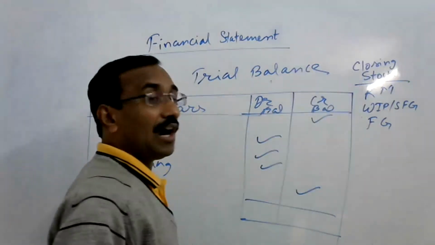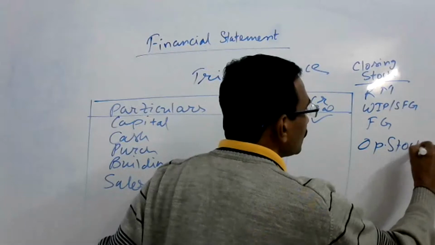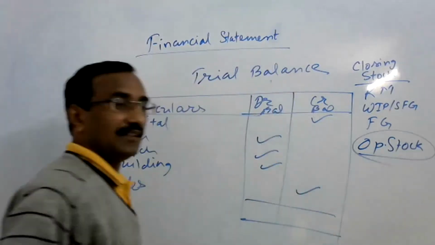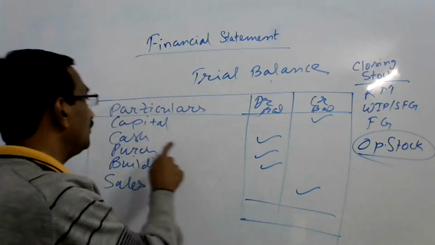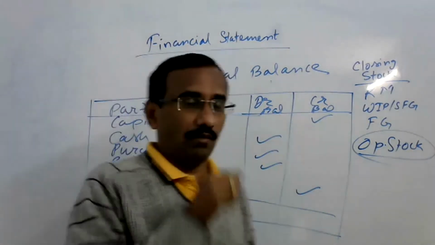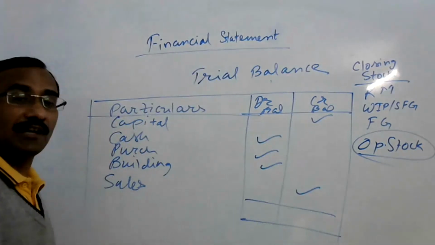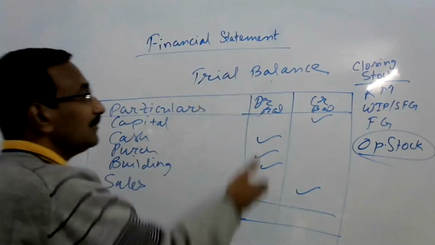However, opening stock will appear because this opening stock was already calculated last year, and we might have used it here as consumption. And therefore opening stock will come here.